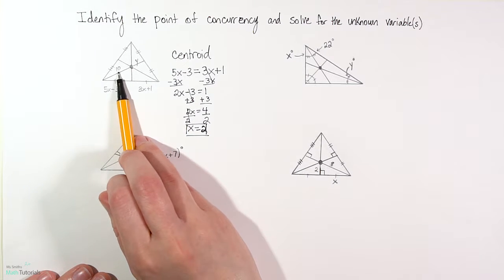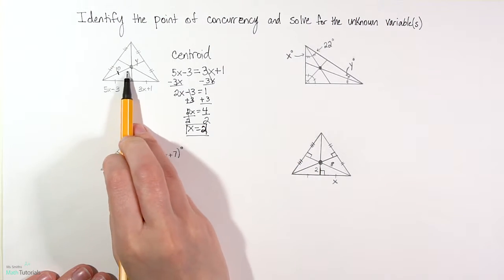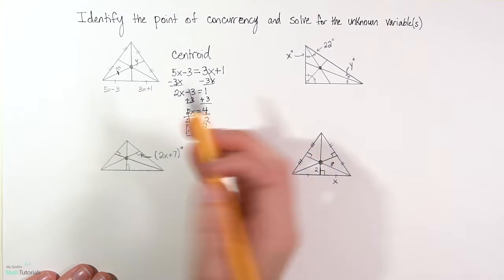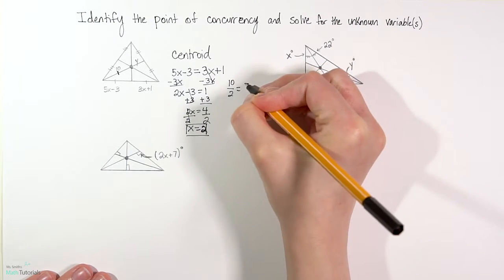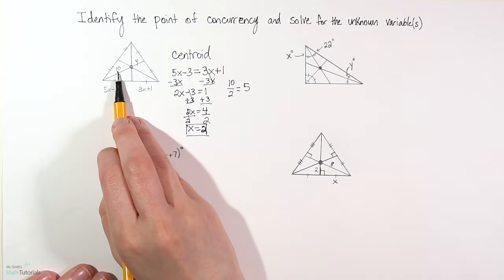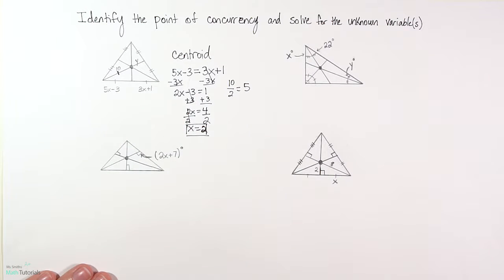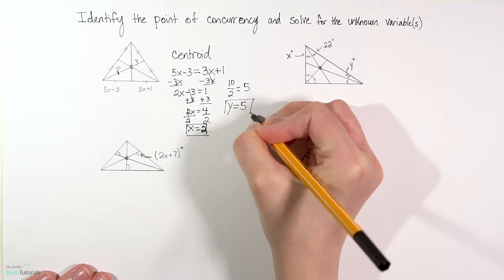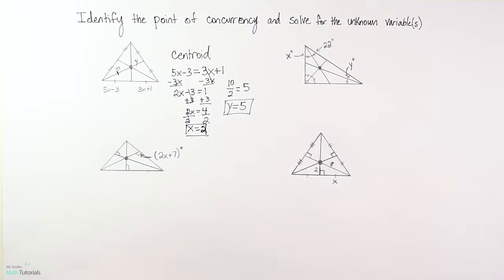If I know the whole thing is 10, then what's half of 10? 10 divided by 2 is 5, right? So from here to here is 5, and from here to here is 5, then from here to here is 5. So we could say y equals 5. They are split in a 2-part to 1-part ratio.